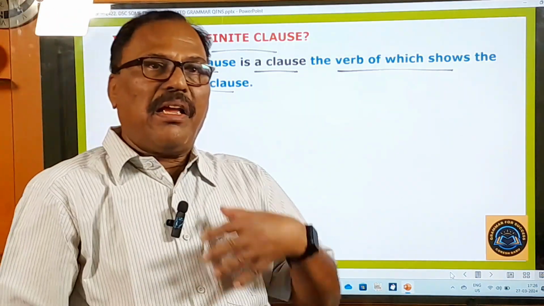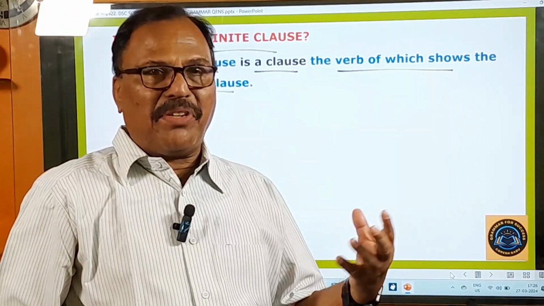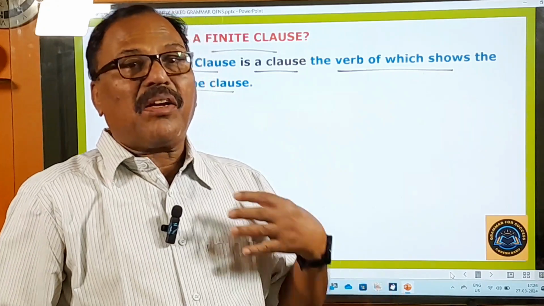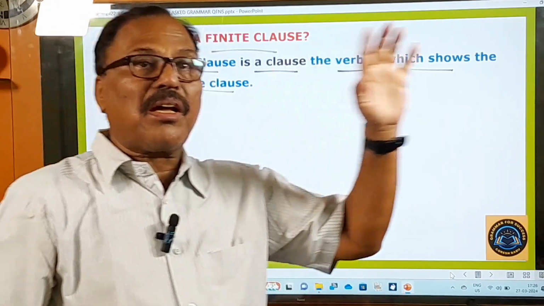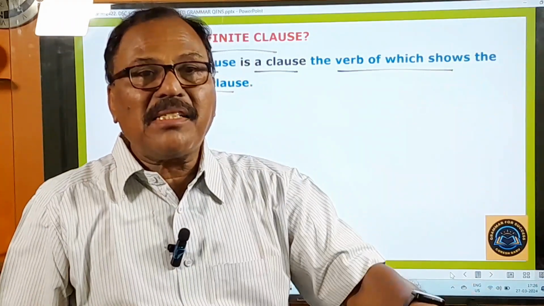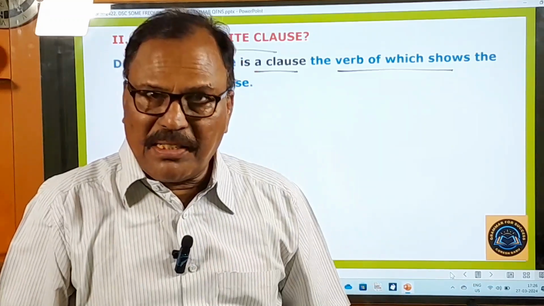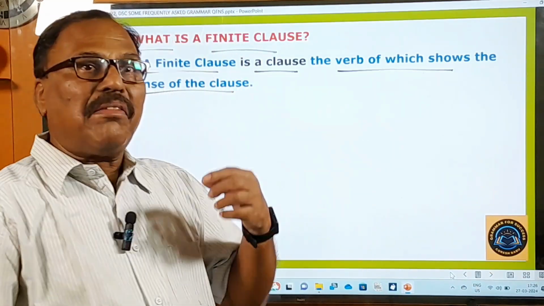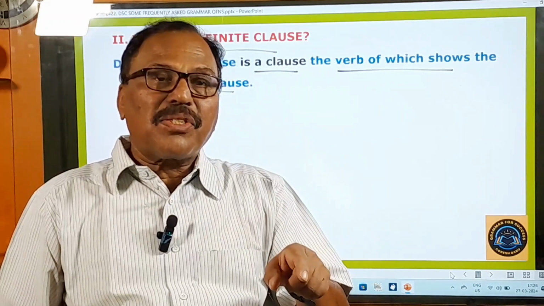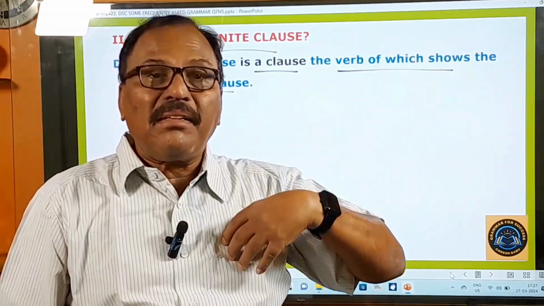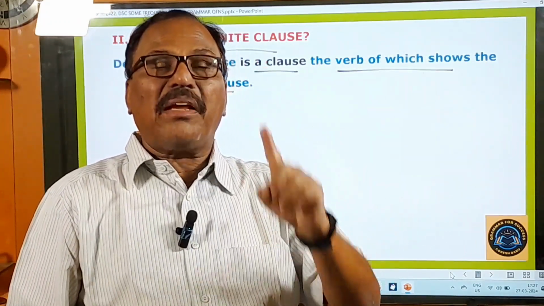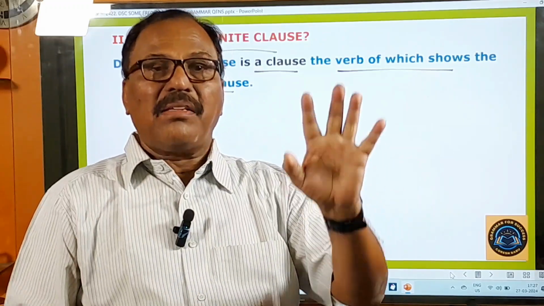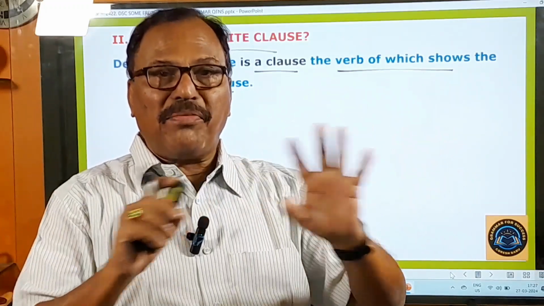In every clause there is a verb of its own, you know that very well. And clauses can be found only in compound sentences as well as in complex sentences. You know that point very well too. So whenever the verb in that clause shows the tense, that clause is called a finite clause. Simple and easy, no confusion at all.